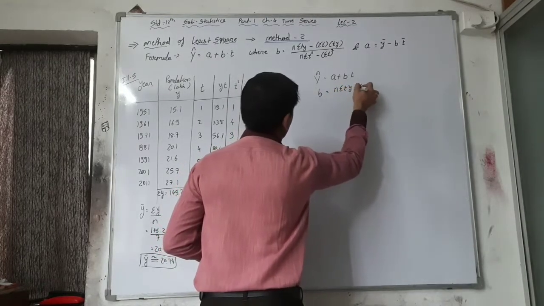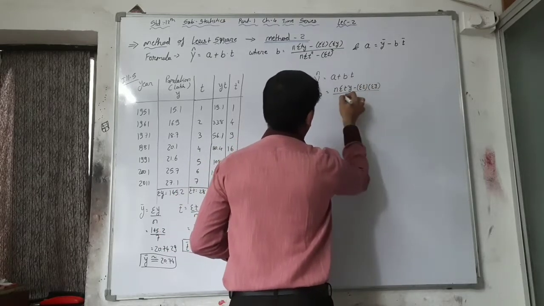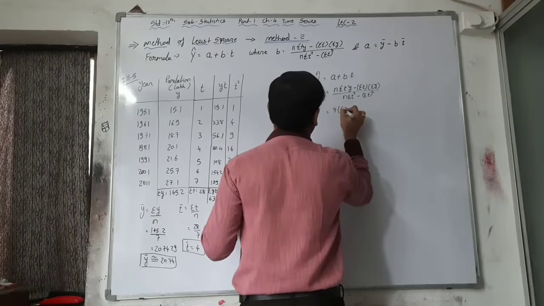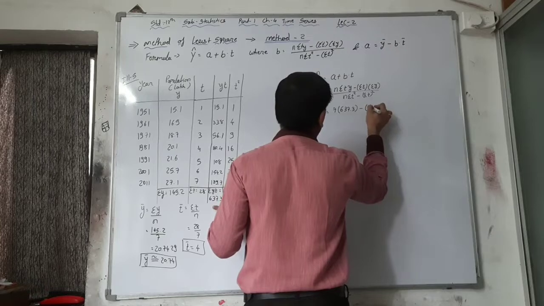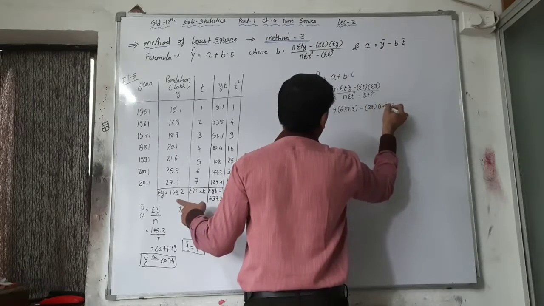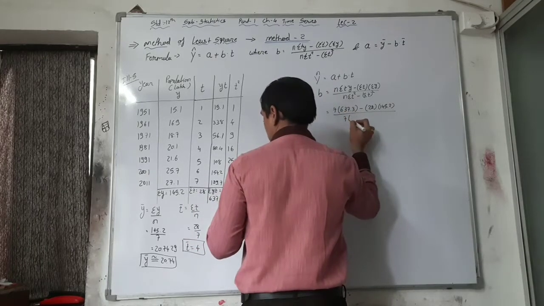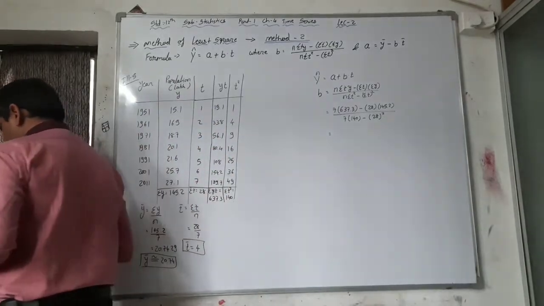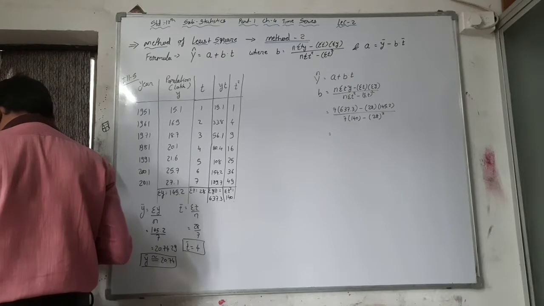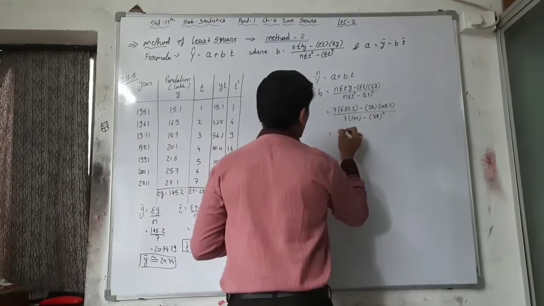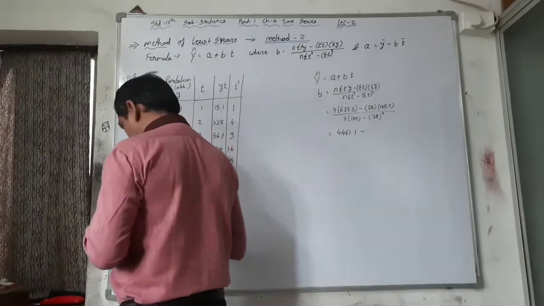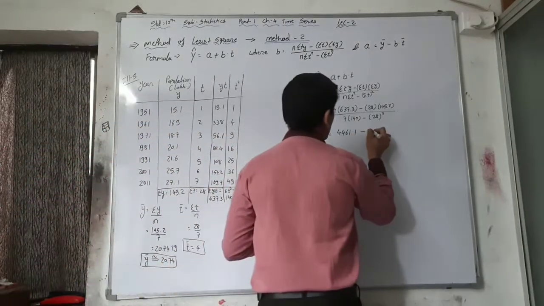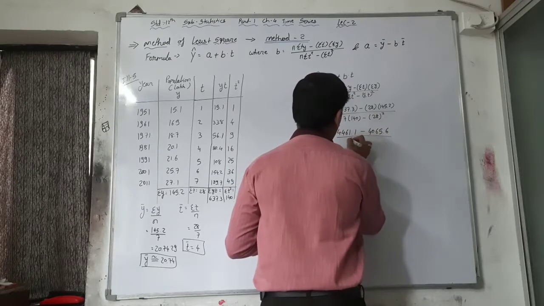N sigma ty minus sigma t into sigma y upon n sigma t square minus sigma t whole square. 7 into sigma ty is equal to 637.3 minus sigma t 28, sigma y 145.2 upon 7 into sigma t square, that is 140 minus 28 square. 7 into 637.3, that is 4461.1 minus 28 into 145.2 is equal to 4065.6 upon 7 into 140 is 980 and 28 square is 784.